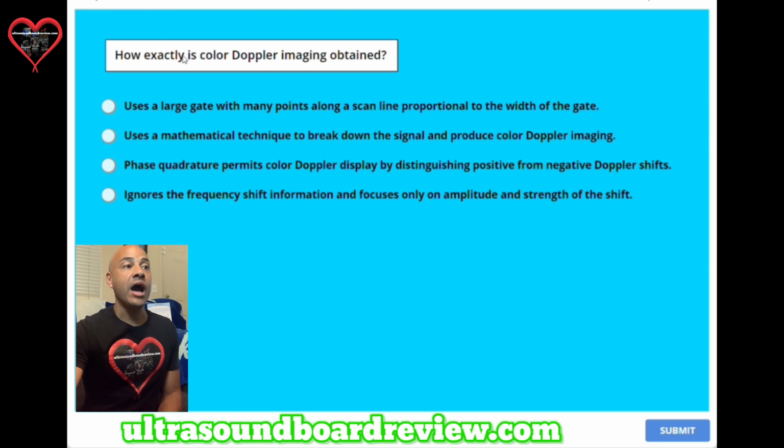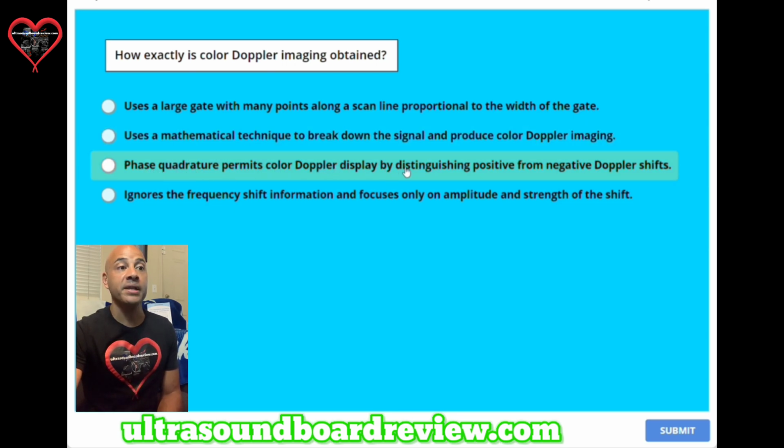Question 16. How exactly is color Doppler imaging obtained? A, uses a large gate with many points along a scan line proportional to the width of the gate. B, uses a mathematical technique to break down the signal and produce color Doppler imaging. C, phase quadrature permits color Doppler display by distinguishing positive and negative Doppler shifts.